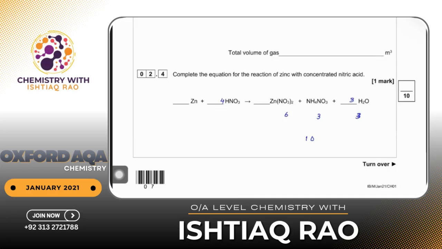Then hydrogens. Right now I have 4. So let's say if I would be writing 6 and then 4, then 6 plus 4 is 10. Now balancing hydrogen, because oxygen is balanced.